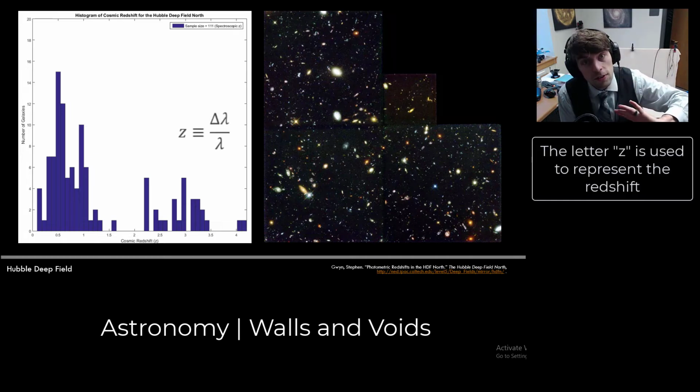Since redshift is related to how fast the galaxy is moving away from us, and Hubble's law tells us how to relate the recessional speed to distances, the redshift here could also be thought of as distance from Earth.